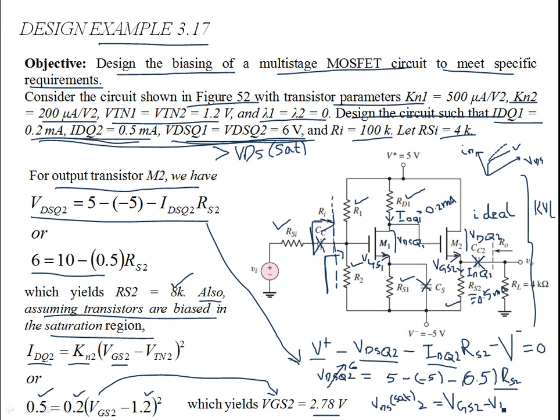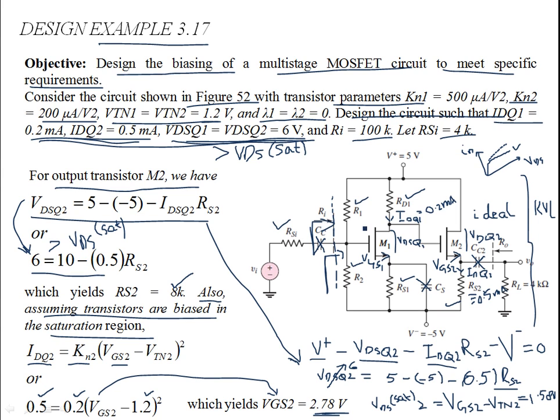If you put the values, this is 2.78 minus 1.2, which comes out to be 1.58 volts. And what is your VDSQ2? That is 6 volts, which is still greater than VDS sat. So that means your M2 transistor is indeed in the saturation region.